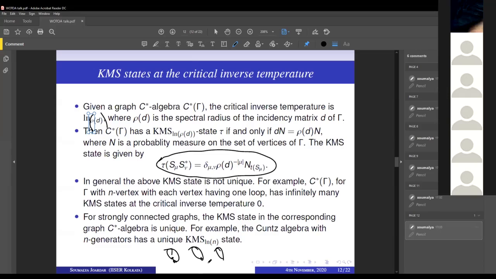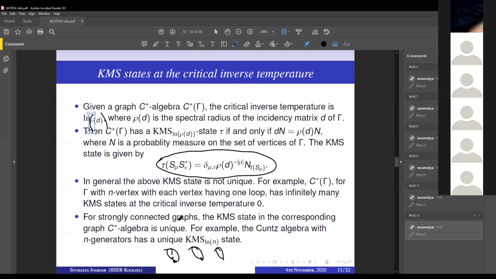This is easy to check, so your spectral radius is 1 and the critical inverse temperature is 0 actually. And at critical inverse temperature 0, there are infinitely many KMS states. So it is far from unique. Any probability measure on the set of vertices will give you such a KMS state, because the identity has the whole R^n as eigenspace.